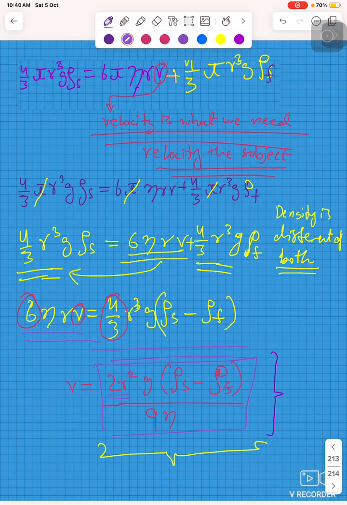So if I talk about the spheres again, this equation shows that the velocity of the object will be more for the bigger one, because the bigger the sphere's radius, the faster it will go down, because it will tackle more particles of the liquid. But when we talk about the smaller one, it will be less, and it will tackle fewer particles in less time. So we talk about this equation.